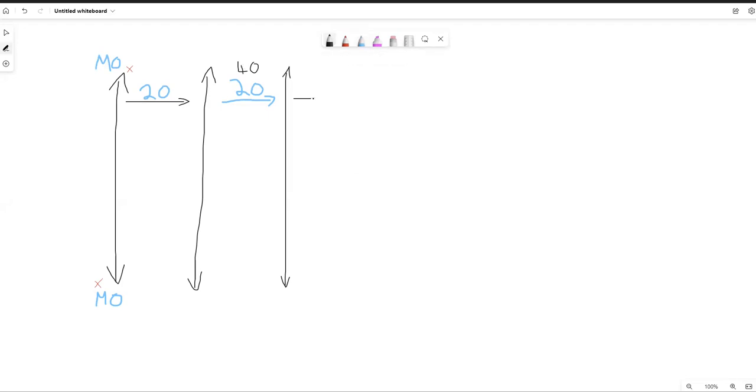The month will continue, and that too is going to have roughly 20 trading days, and at the end of the third month we are going to have 60 trading days. So if we think about it, a month is 20 days, 2 months is 40 days, and 3 months is 60 days.